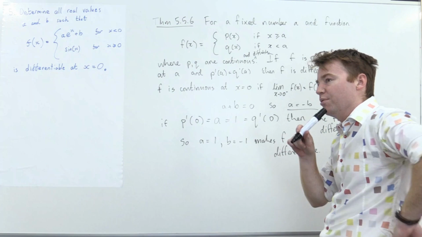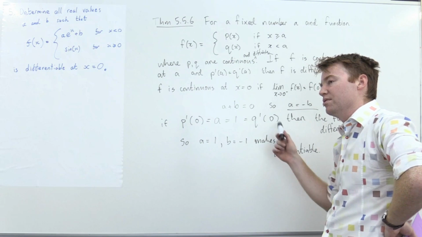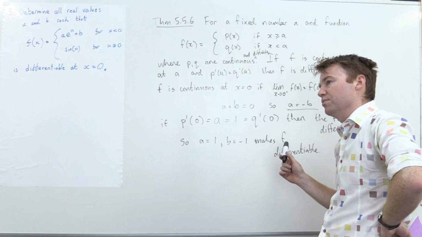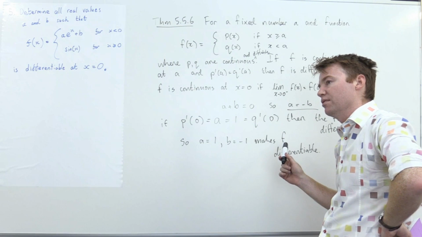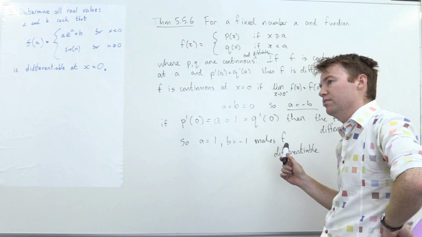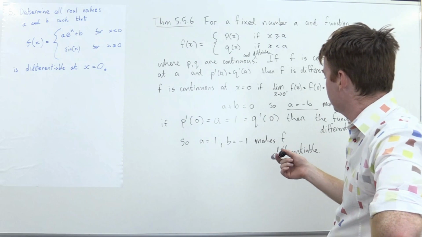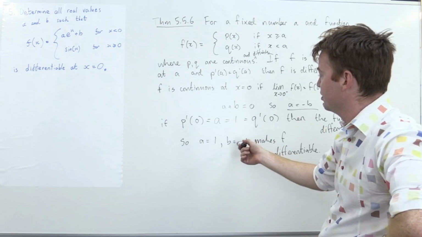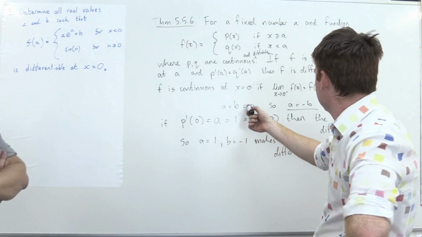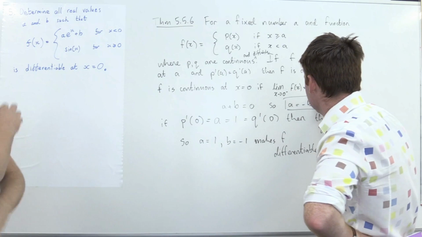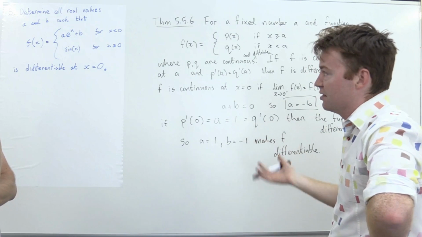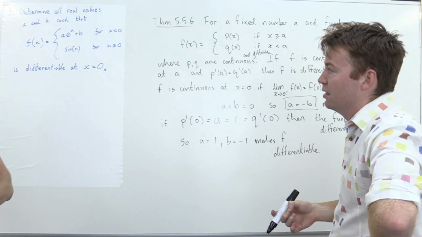I suppose the problem with this is that we need to show that this is the only way to make the function differentiable, that there are no other values. So is there something we could say to conclude that? This means we need it to be continuous, so a has to always be equal to -b, but is there some other way we could make this function differentiable?